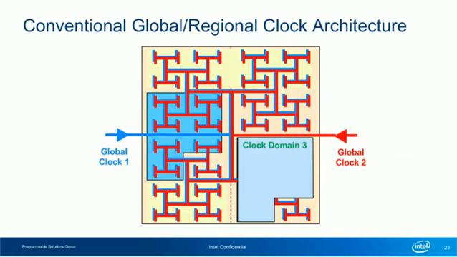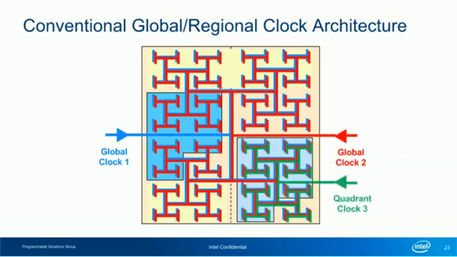To reach these registers, a regional or quadrant clock could be enabled. But notice in each case, there are large sections of the FPGA where the clock resource is enabled, but in which no logic is actually running off of that clock. Since the entire clock tree is enabled, this translates to additional power consumption for the device.